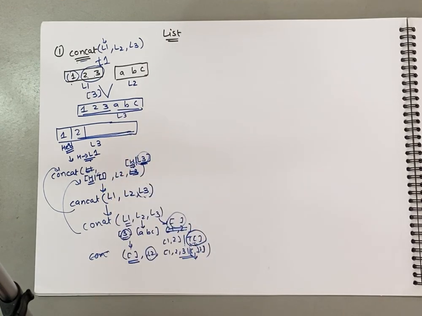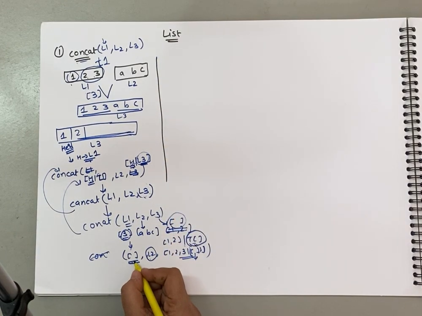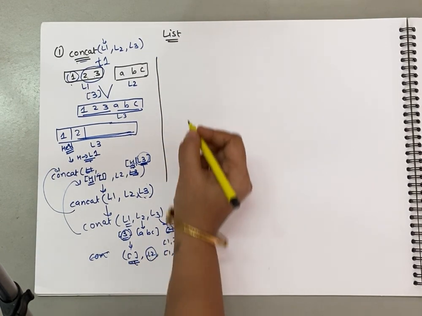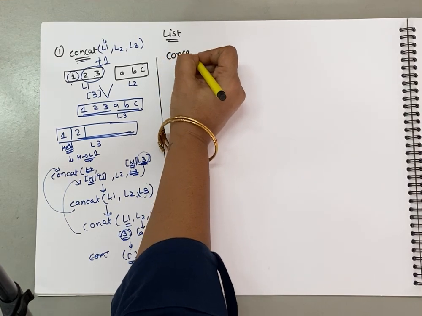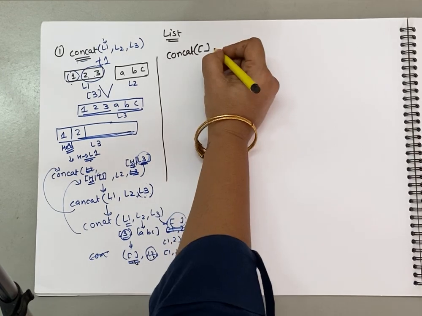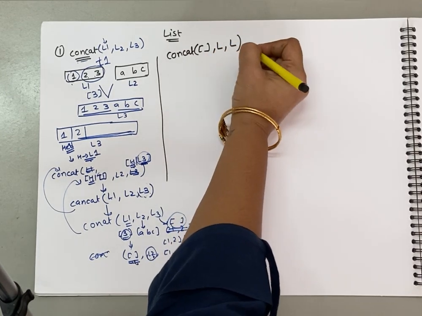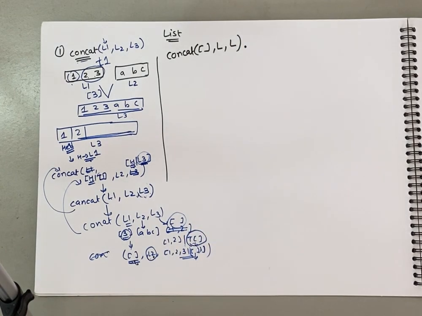So how are we going to write the code for concat after understanding this? Let us see that. What is the terminating condition? The terminating condition is when L1 is empty. So for concat, first of all we'll write the terminating condition: if it is empty, then the entire list, whatever you have, should be returned as it is in the resultant list. That's it. Are you getting this, what we have done? If this is empty, then what should be the result?